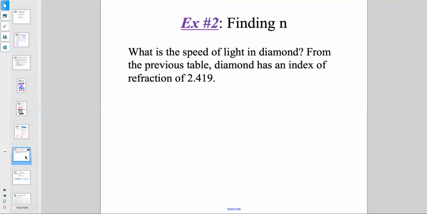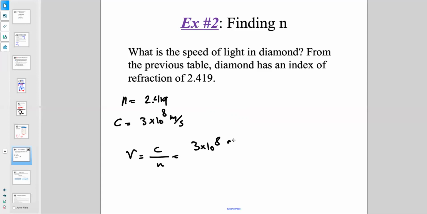So let's see this example. What is the speed of light in diamond? From the previous table, we know that the index of refraction of diamond is 2.419. So we know what n is, 2.419, and we know the speed of light in vacuum, which is c, 3 times 10 to the power of 8 meters per second. And so v would be c over n, 3 times 10 to the power of 8 meters per second over 2.419.